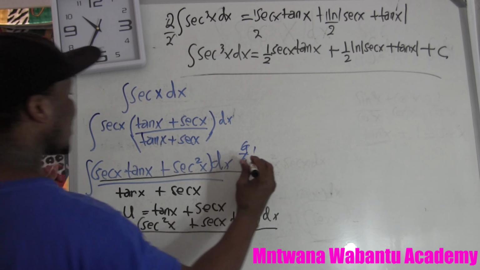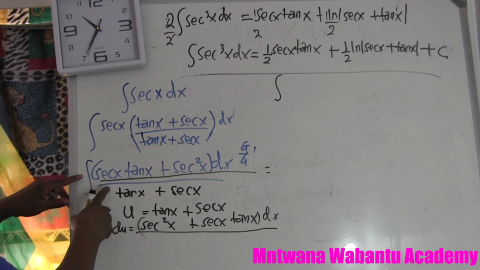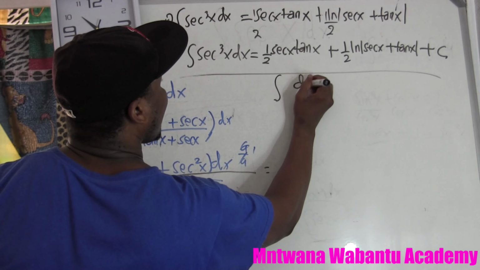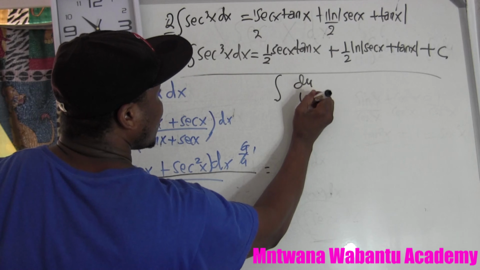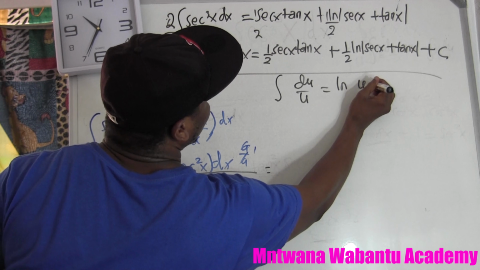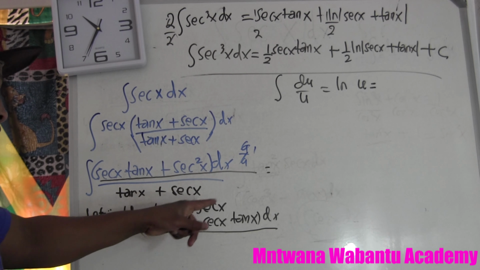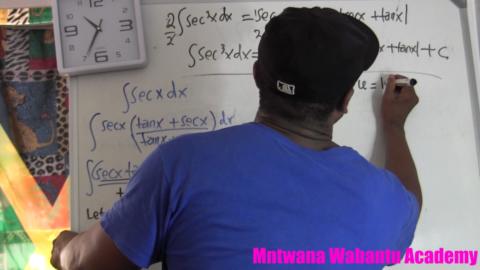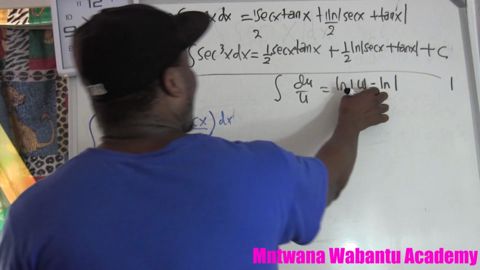So this question here is going to become the integral, and all of this on top is going to become du. And all this stuff in the denominator, we let equal to u, so this will become u. So this time we say ln of u. But what is our u? We can place it back. The u we let equal to sec x plus tan x. So we say ln of the absolute value, because whenever you have a ln, it's good to put the absolute value.